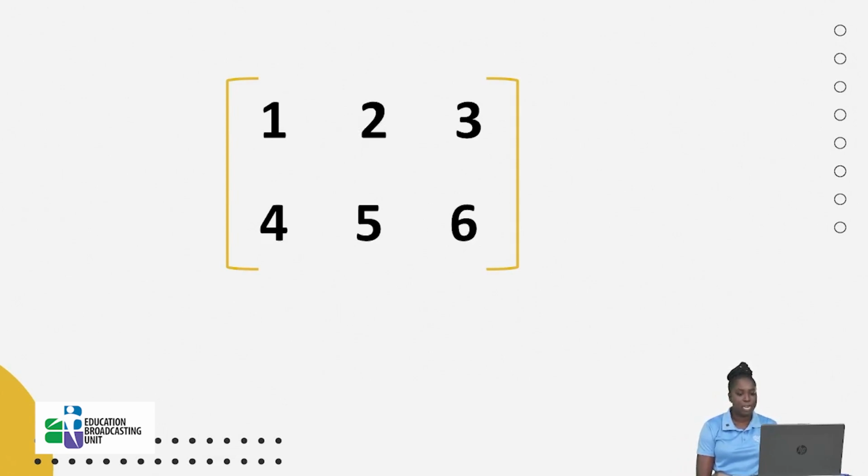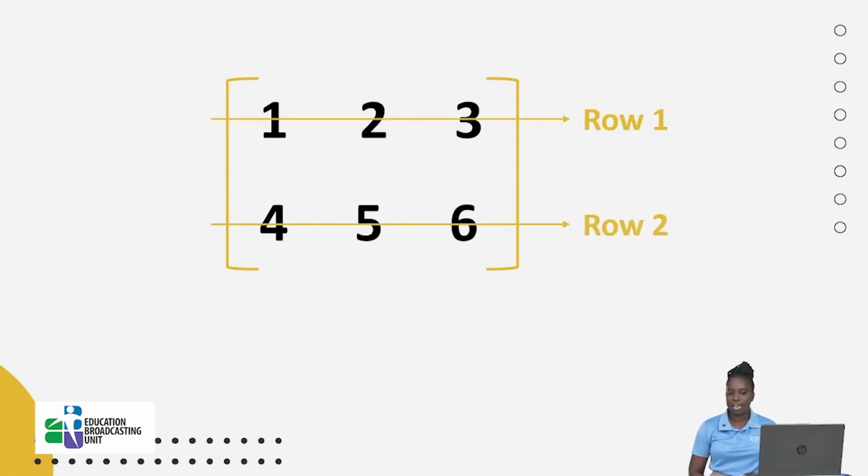And so in row 1, because now we also identify matrices by their order, row 1 would be 1, 2, 3. Row 2 would be 4, 5, 6. And then the columns go vertically.